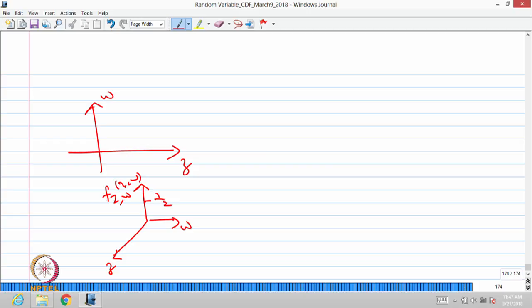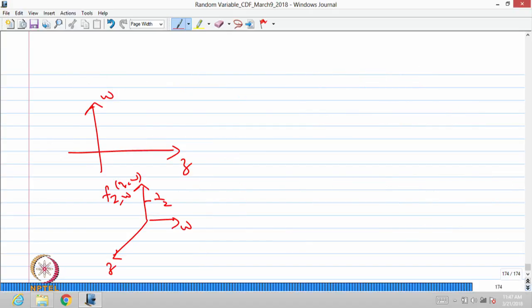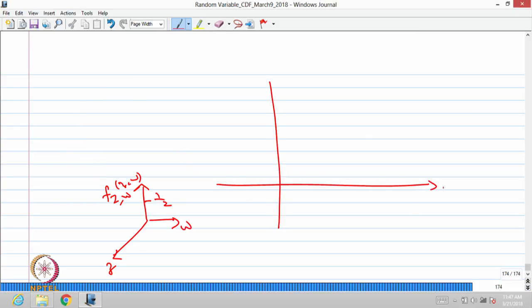So, if you simplify these two inequalities, you can identify the region of z and w.